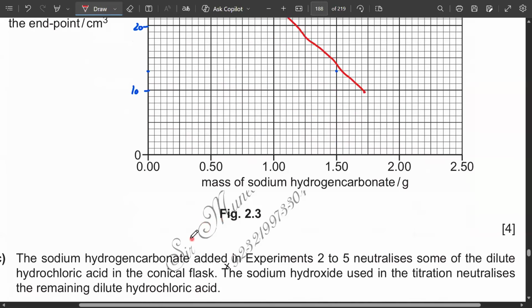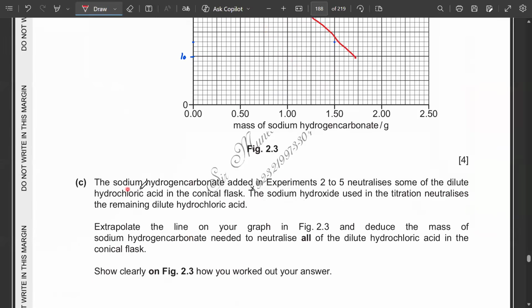Now we have to find the mass: the sodium hydrogen carbonate added in experiment 2 to 5 neutralizes some of the dilute hydrochloric acid in the conical flask. The sodium hydroxide used in the titration neutralizes the remaining dilute hydrochloric acid. Extrapolate the line on your graph in figure 2.3 and deduce the mass of the sodium hydrogen carbonate needed to neutralize all the dilute hydrochloric acid in the conical flask.